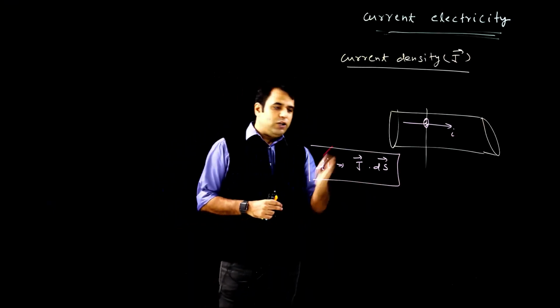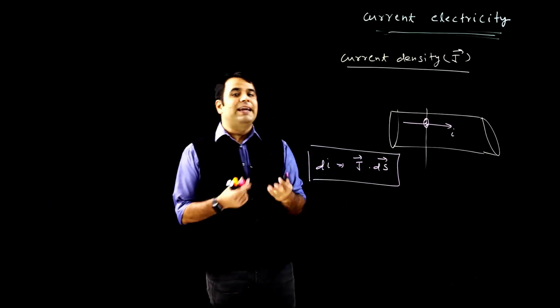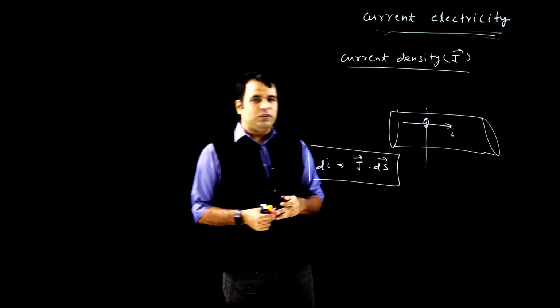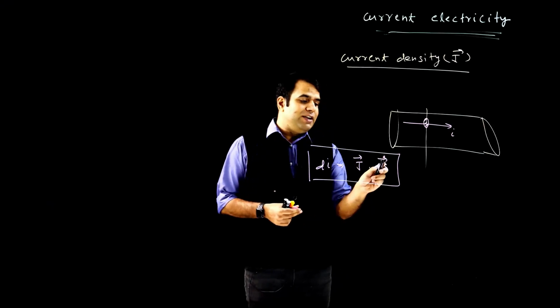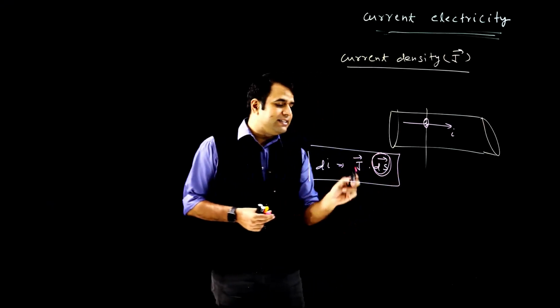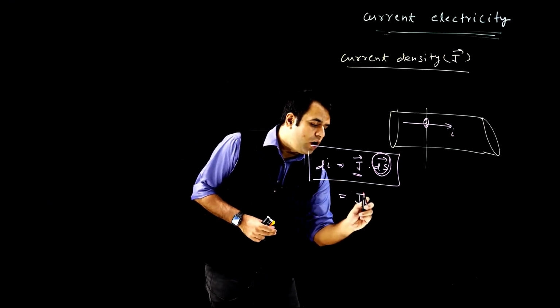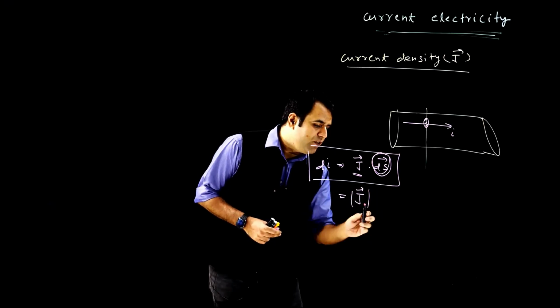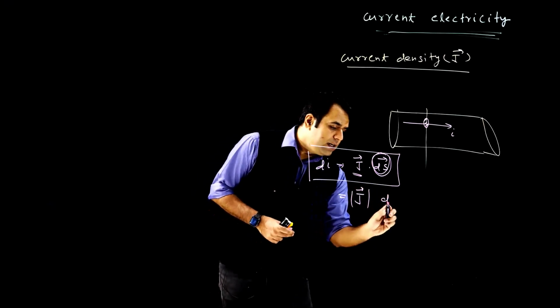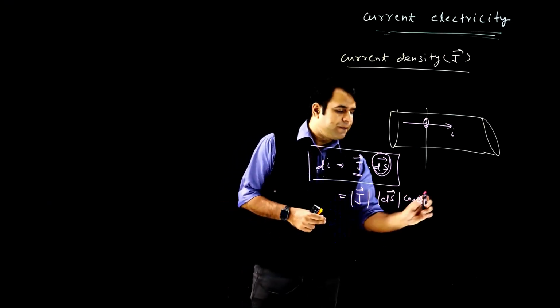Okay. Now you can see here, when we talk about the J dot dS, this dS can be in any direction. So one thing we have to remember here is when we are taking the component of dS, this J is always along the current. This J is always along the current. So this value we will write as J dS cos theta.